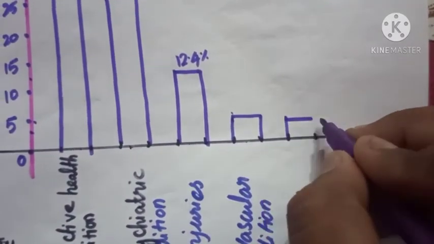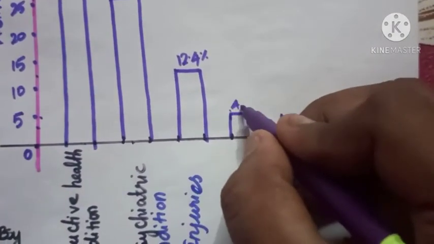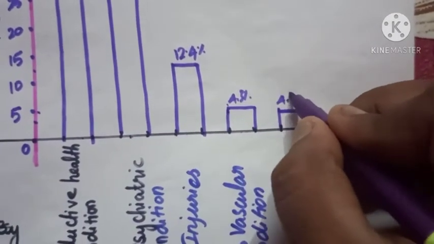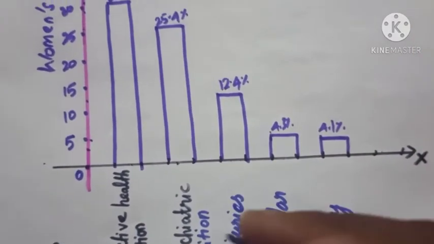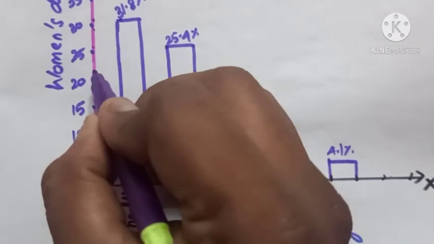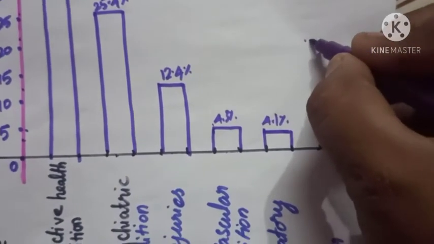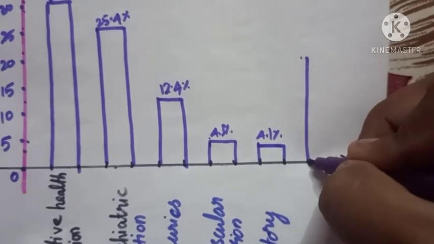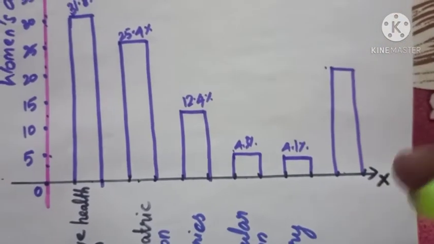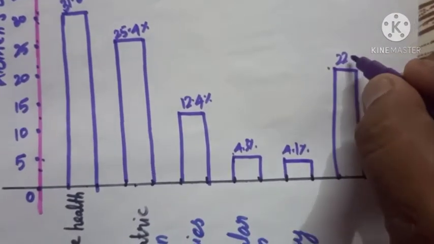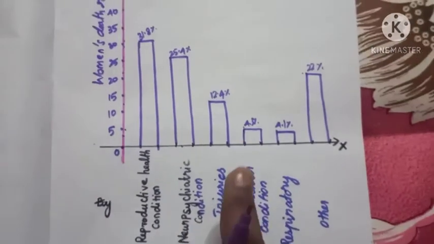So I take this one as 4.3 percentage, and this one 4.1 percentage, and others is 22. So 22 is in here, and I take it up to this. The other causes of illness is 22 percentage.